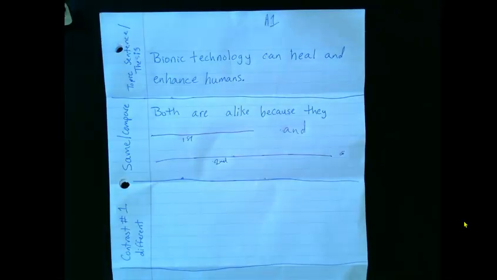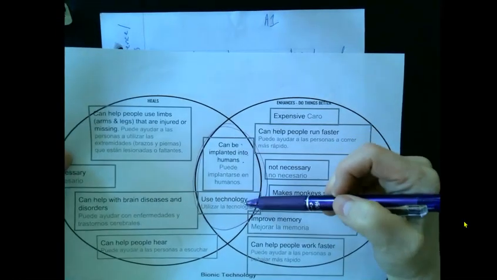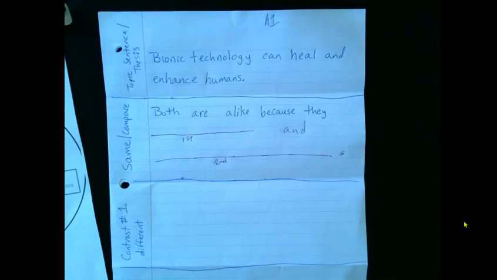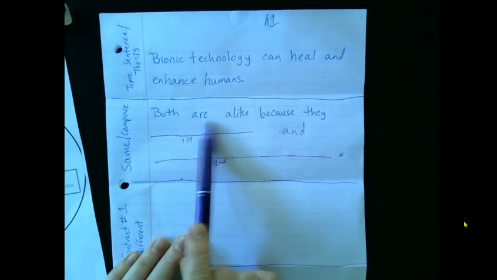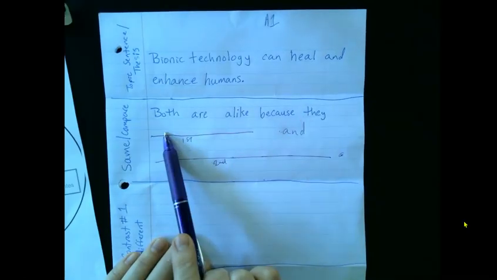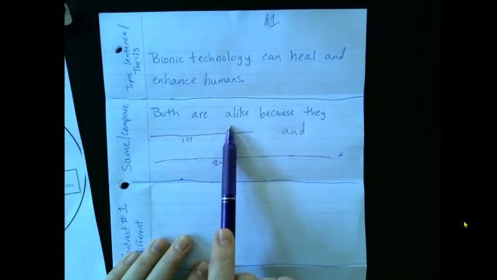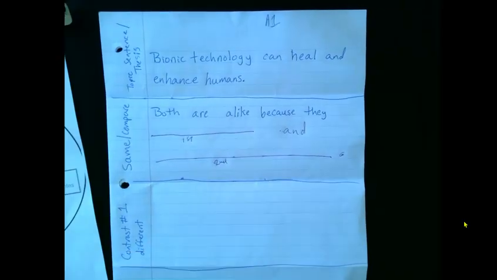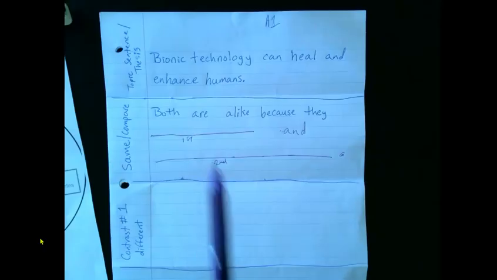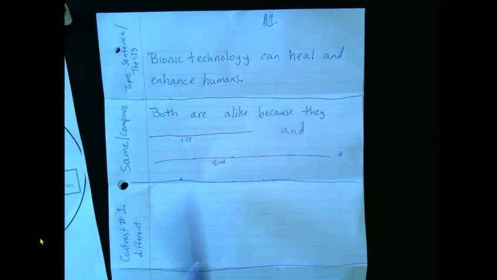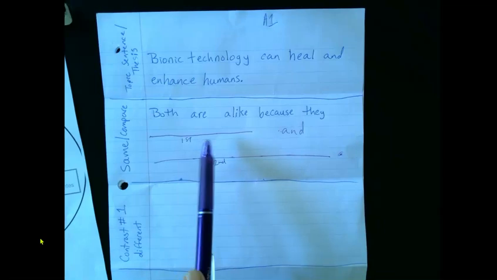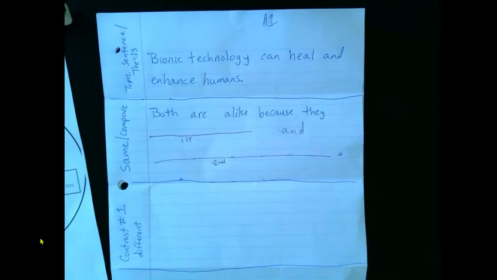And where are you getting these reasons from? Here. So you can say them in any order. You could say both are alike because they can be implanted into humans and use technology, or you can do it the other way. Now that you have something written here, 2 different ways that bionic technology is alike, we're going to move on to our contrast sentences, okay?